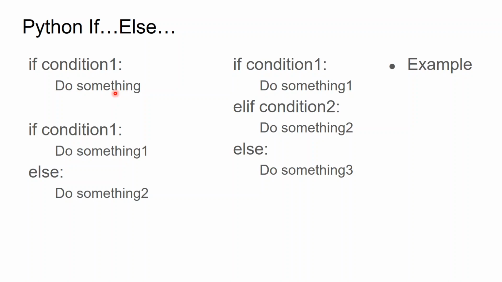And if you have a lot of things to do, you just type another after doing something, like doing something 2, doing something 3, and these all need the space to show that this code follows the if.